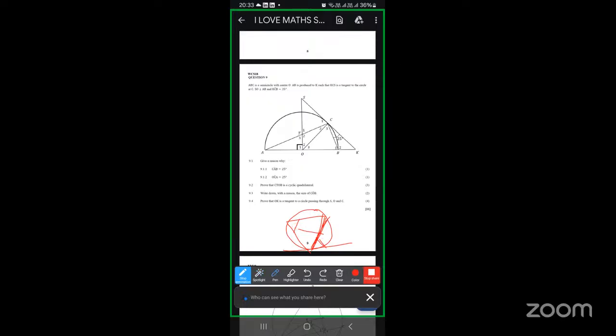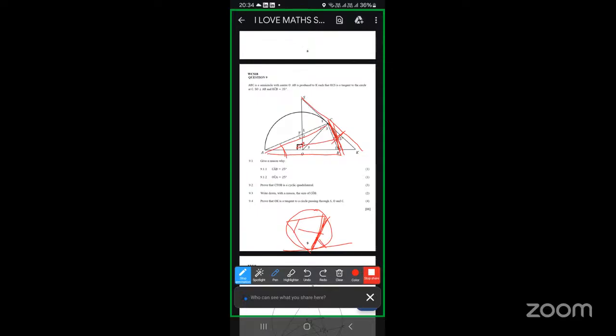Then in that diagram of ours, we said this is the tangent, right? And then this is the triangle. We're already given that this angle is 25. This is the chord. When you go to the angle that is opposite this chord, which is that one right there, it is going to be 25 degrees.